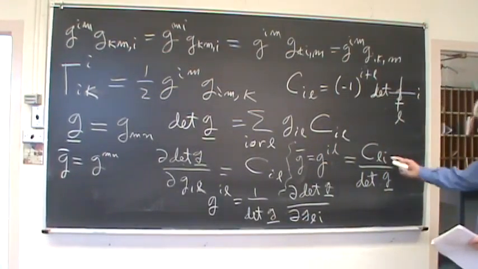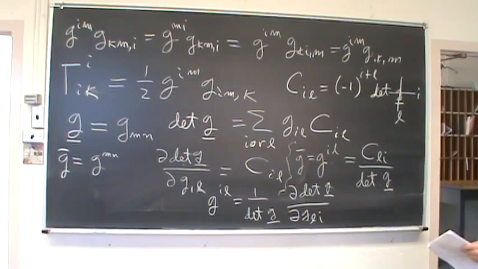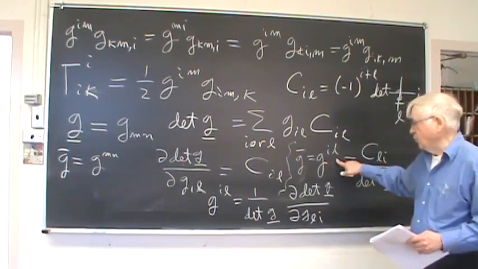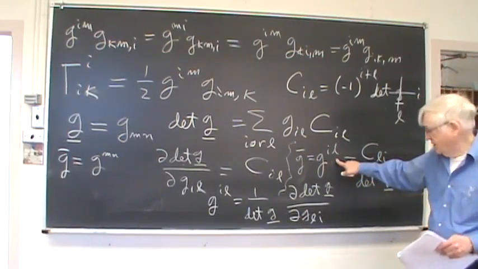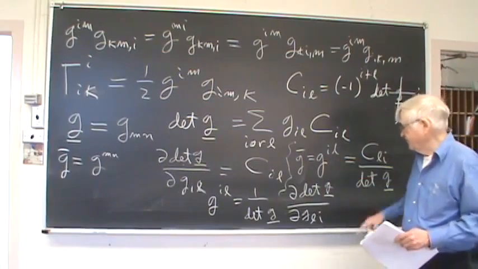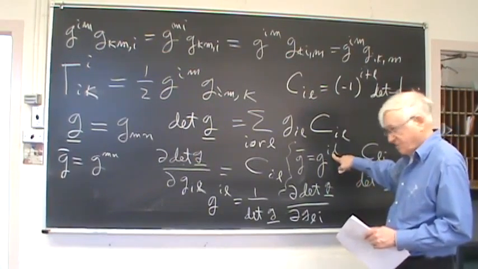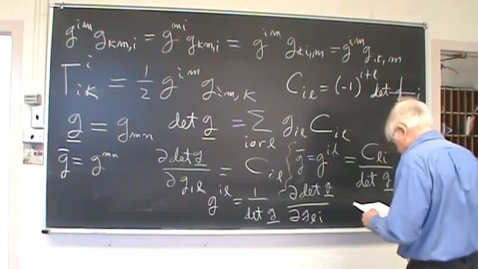Okay, that's it. So this is our formula for G^{IL}, which is the inverse matrix, or the contravariant metric.